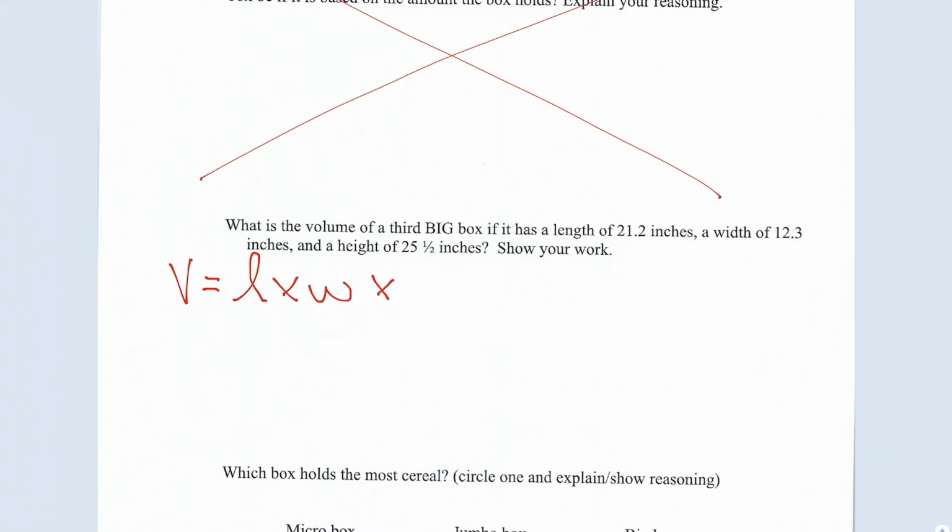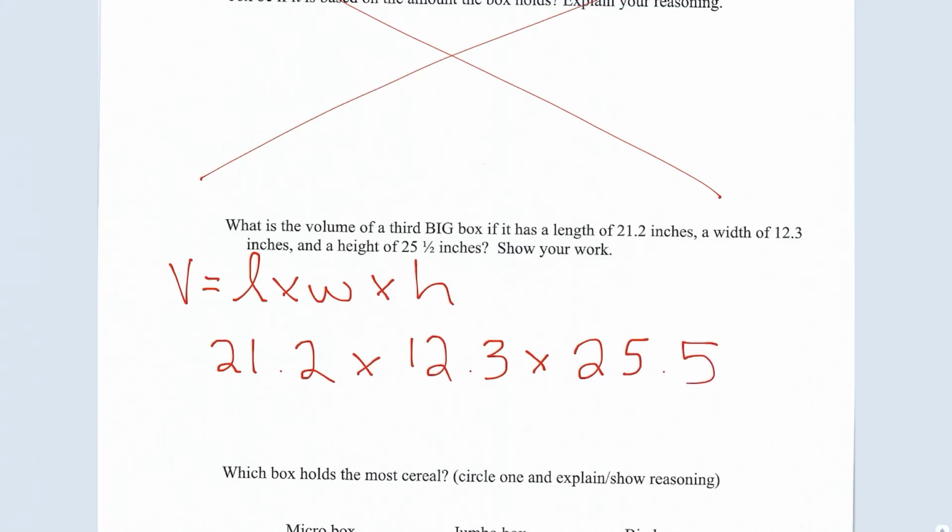So if you remember that you're supposed to multiply your length times your width times your height, you will find your volume. They tell us that the length is 21 2/10. So we're going to multiply that by the width, which is 12 3/10. And then you're going to multiply that by 25.5 inches. So grab your trusty calculators.